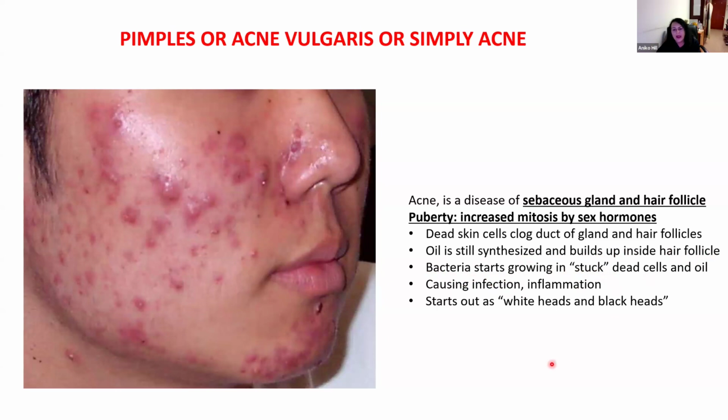And as the bacteria start growing, it's going to develop an infection and inflammation. In everyday language, we call this whiteheads or blackheads. But as long as they are whiteheads and blackheads, it's not that much of a problem. The problem is when the bacteria start secreting pus that is not very attractive, and you can see here.